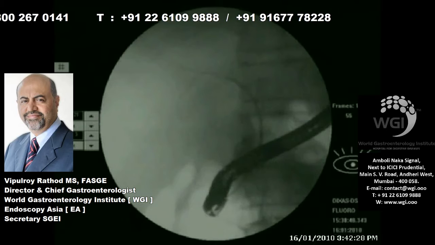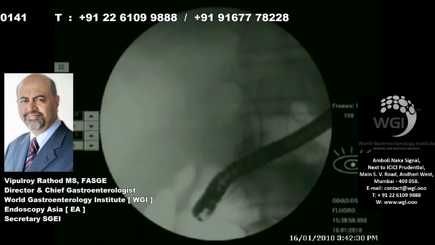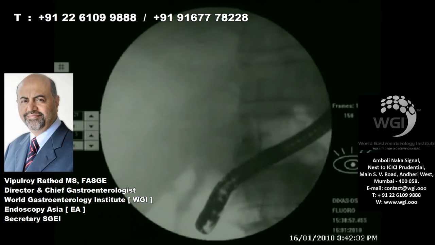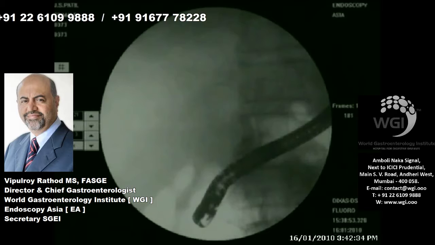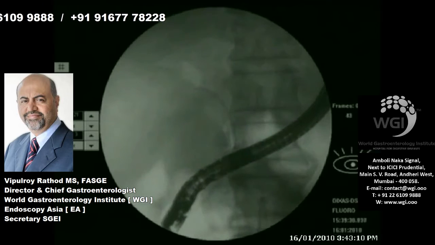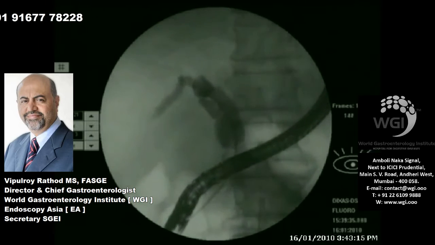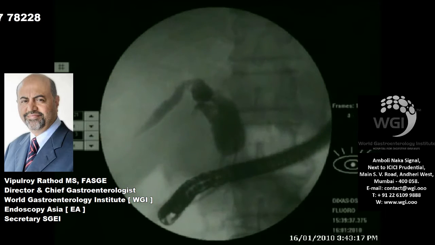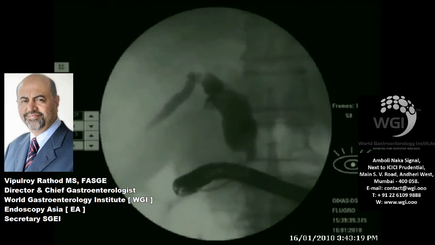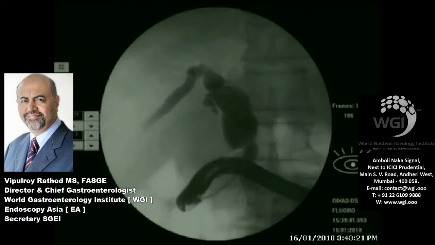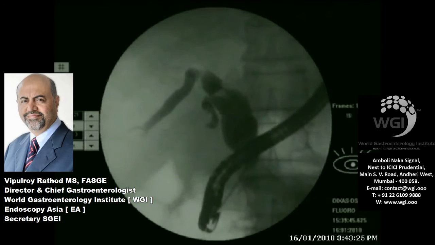So here you can see that our guide wire has gone deep in the intrahepatic biliary system. We always make sure that we are in the intrahepatic system and not in the gallbladder. And then we inject contrast. You can see the entire biliary system, and the cystic duct take off there. So it is important to ascertain that you are right in the intrahepatic biliary system.